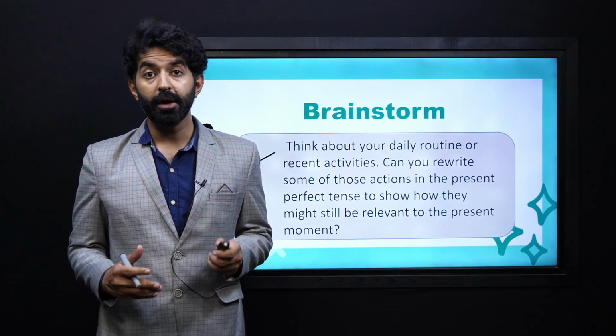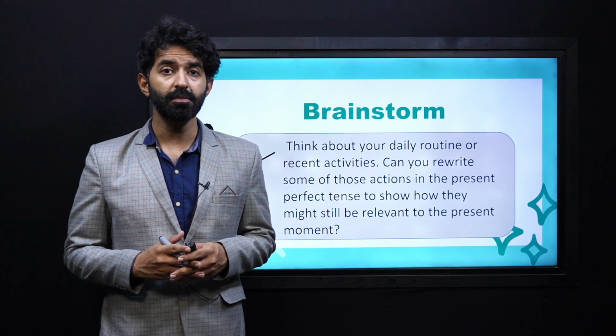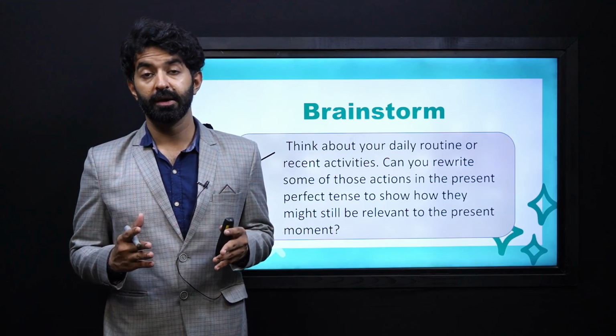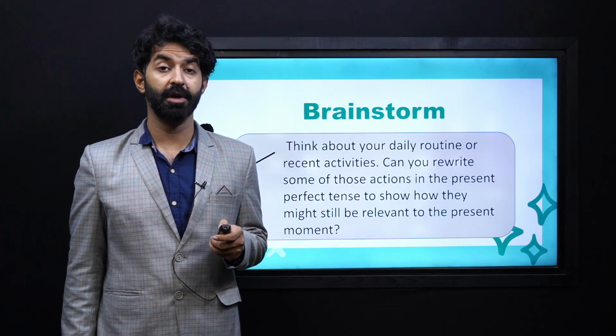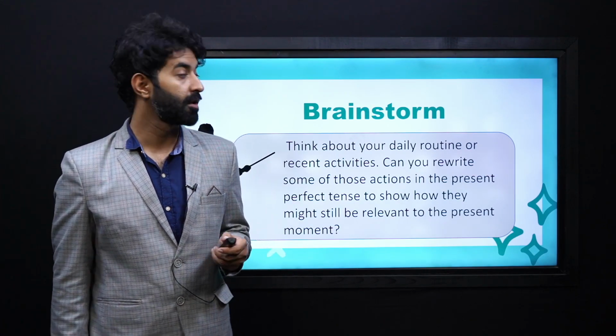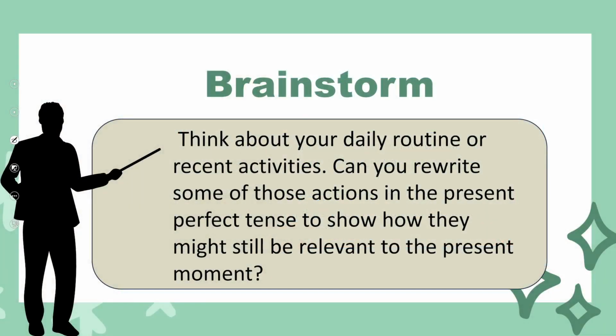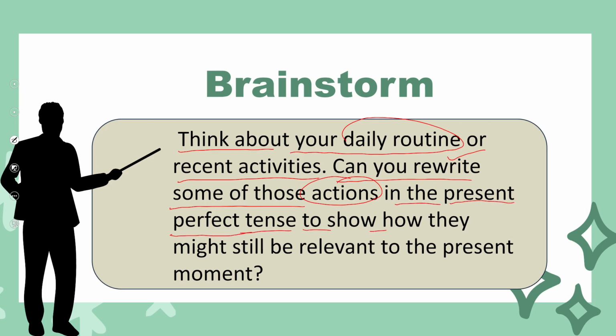Time for a very quick brainstorming session so that you know why it is important to talk about things in the present perfect tense. Your question is to think about your daily routine or recent activities. Can you rewrite some of those actions in the present perfect tense to show how they might still be relevant to the present moment?